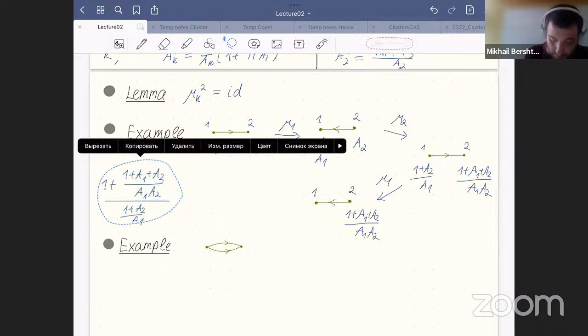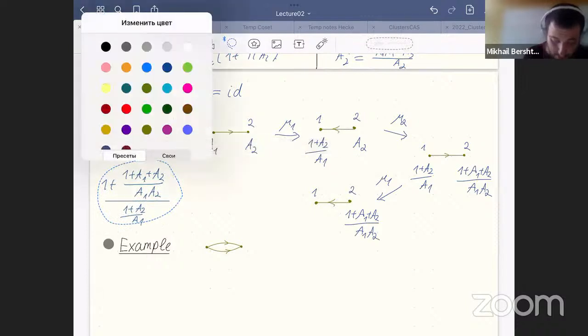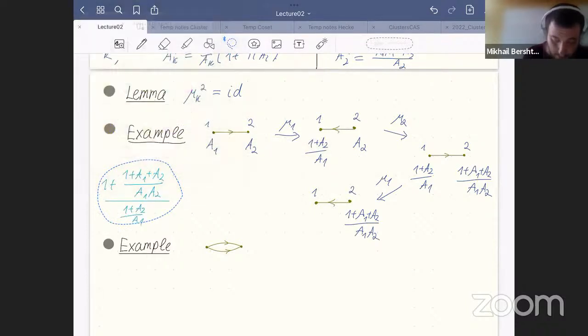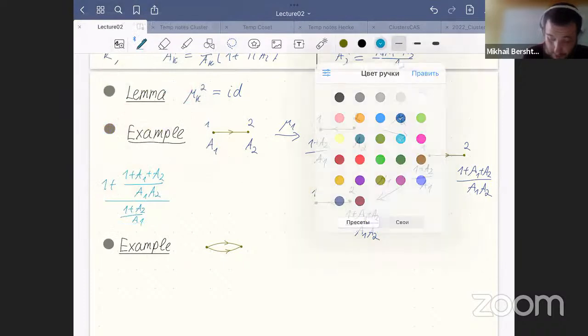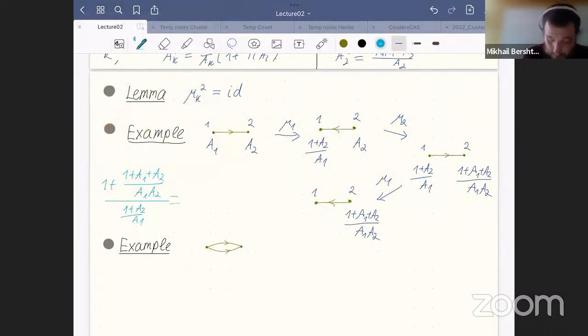Okay, let me do this computation using another color, so it's clear that it's something temporary. Now we rewrite these fractions, and you see in the numerator we get just 1 plus A1 times 1 plus A2.